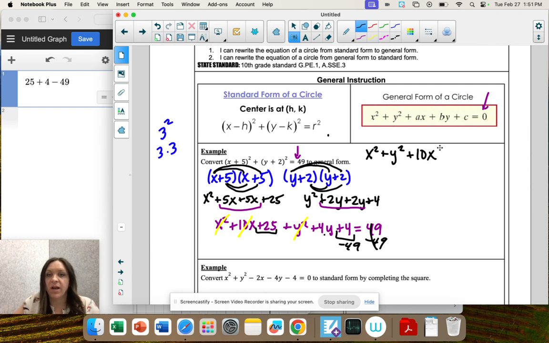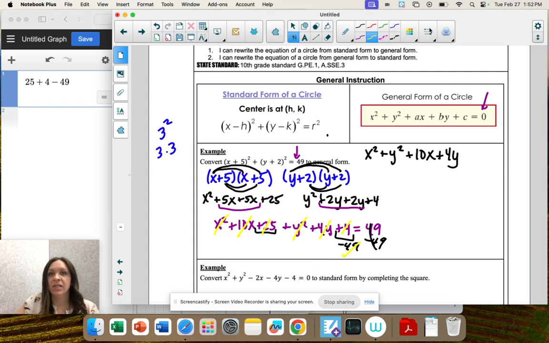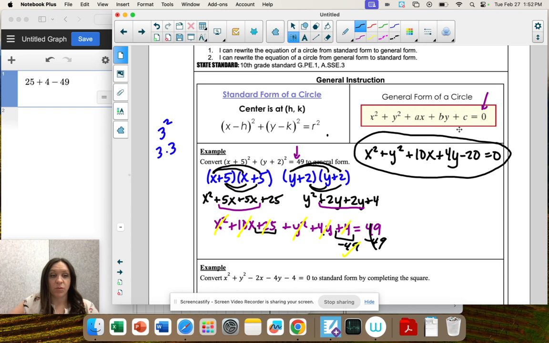So 4y. And then c, that stands for constant. That's just our number. So 25 plus 4 minus 49, that was negative 20, equals 0. And that is general form. So it's multiplying everything out and putting it in the right order.